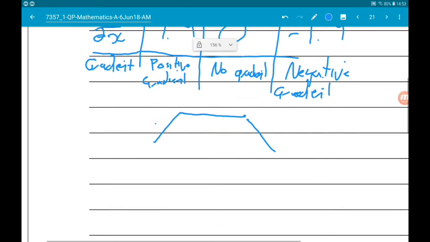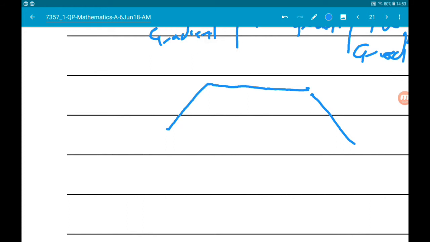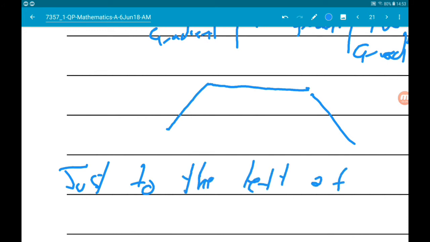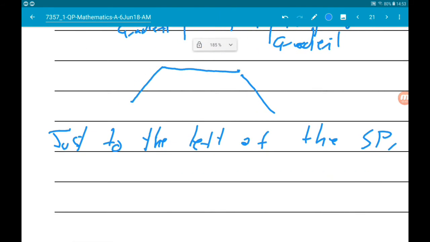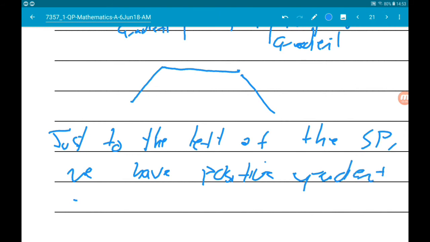So we should then say just to the left of the stationary point, we have positive gradient, and just to the right we have negative.